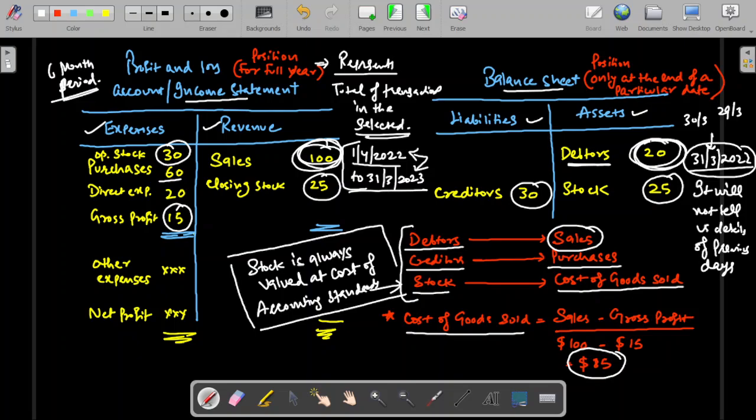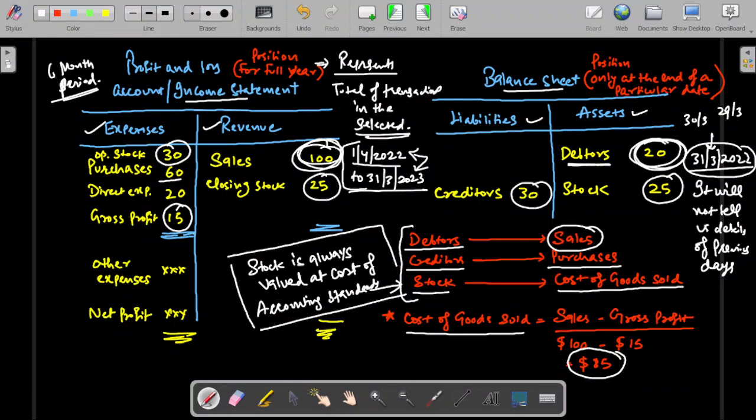While if I have prepared the balance sheet as on 31st March 2022 and I have the figures of debtors, stock and creditors there, it tells me the position on 31st March 2022. It will not tell me what the balance of debtors was on 30th March, on 29th March or any other previous day. It will only tell me the position of 31st March, while the income statement gives me the result of the whole timeline for which it is prepared. So this is the key difference that you need to understand in full.